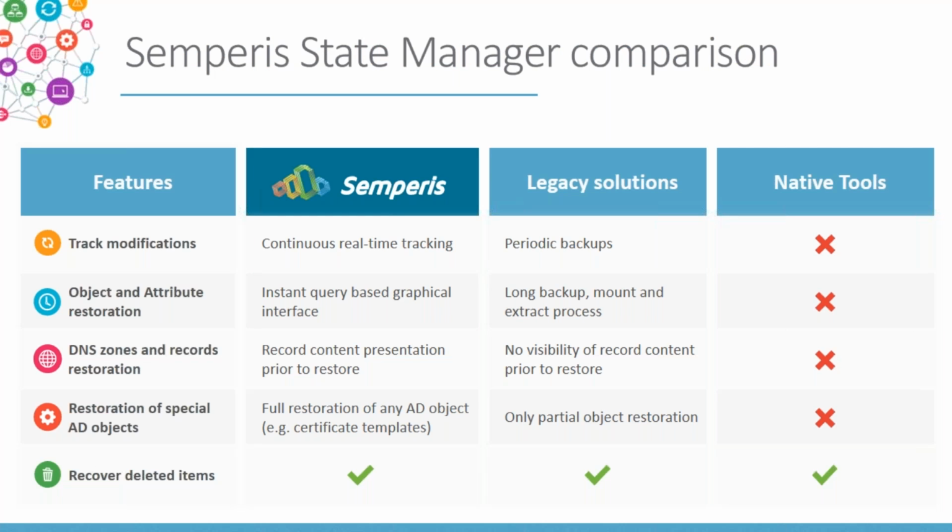The ability to track modifications, the ability to do object and attribute restoration, the ability to do that on DNS and configuration naming contexts as well, the ability to recover deleted items. If you're using native tools, you don't get a lot of this, but with our Active Directory State Manager, we cover most of those scenarios, if not all of them.